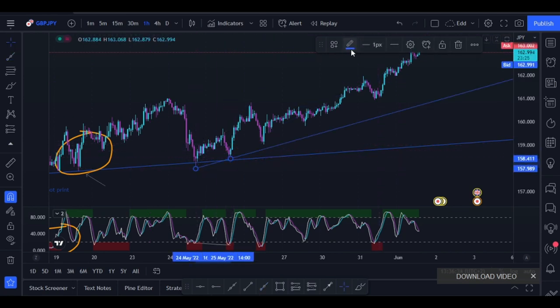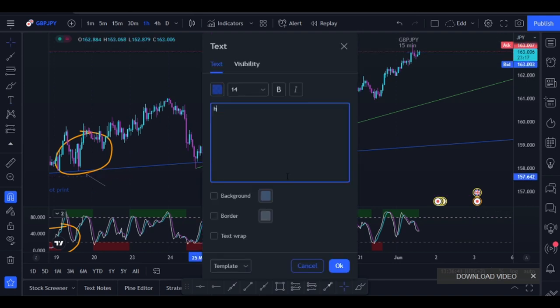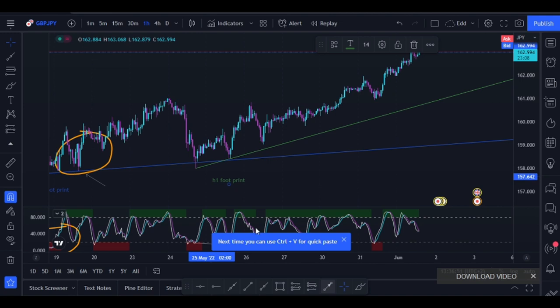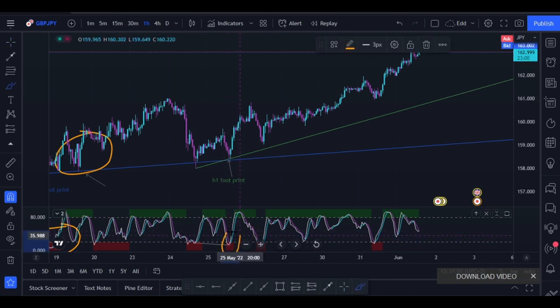Let's make this green to show it's on the 1 hour, different color, different footprint. Let's label this 1 hour footprint. Then let's draw a line to this. Right here is where the footprint took effect on the 1 hour, and one entered right here.